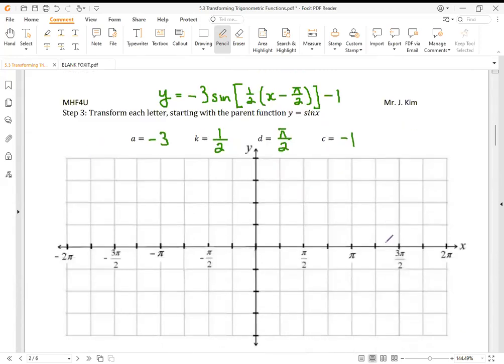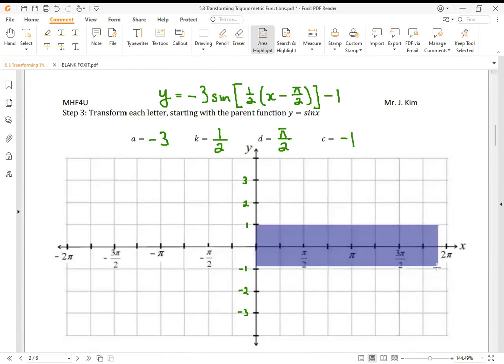Starting, my base function, or parent function rather, is a sine. So you're going to see, let's do it in ones. So that's a 1, 2, and 3. There. That is going to be 1 cycle for a parent sine function.